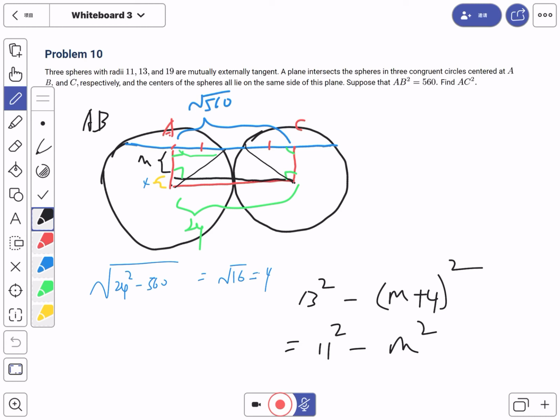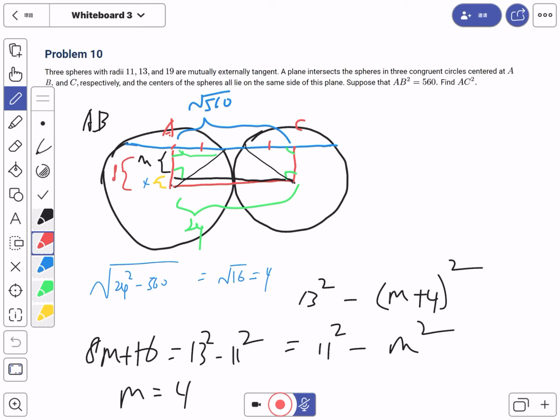We have 8m plus 16 equal to 13 squared minus 11 squared. So we solve the equation: 8m, so m is equal to 4. So m is also equal to 4. Now we can see that this length, the red length over here, is equal to 8.